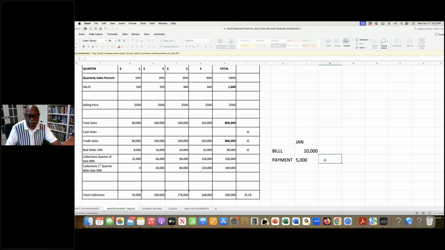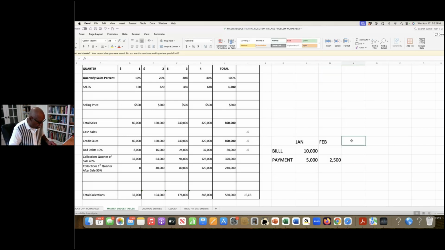Then in February, you paid $2,500, and in March you paid $2,500. So for TSU, they made a tuition sale to you of $10,000. But when did they collect the cash? They got 50% in January, 25% in February, and 25% in March. Is that clear to everybody?